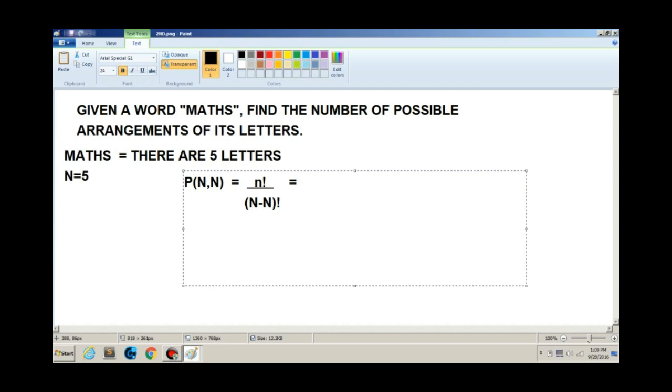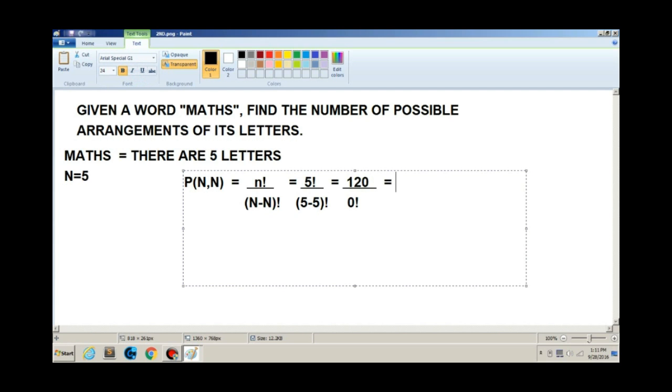We replace the letter n with its value, so 5 factorial over 5 minus 5 factorial. 5 factorial is equivalent to 5 times 4 times 3 times 2 times 1, just like what I did in the previous example, so we directly get 5 factorial, which is 120. 120 over 5 minus 5 is 0 factorial.